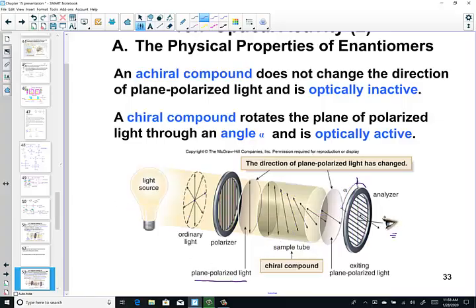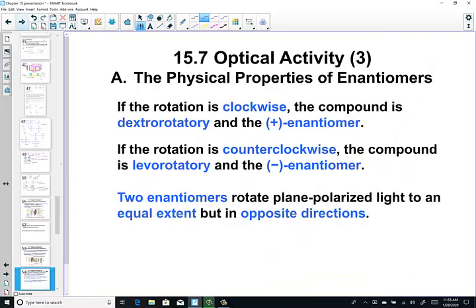However, with a chiral compound, the light that comes in, which is straight up and down, interacts with the chiral molecule, and you begin to see the rotation of the light spin. And it will either spin clockwise or counterclockwise, depending upon what enantiomer you've placed in the sample tube. So chiral compounds are optically active.